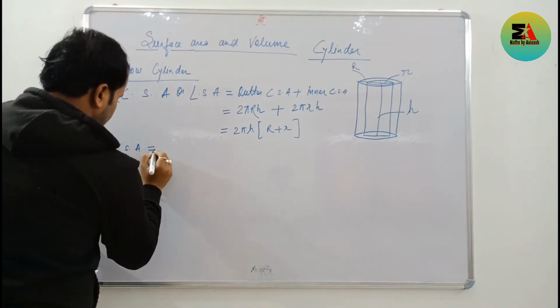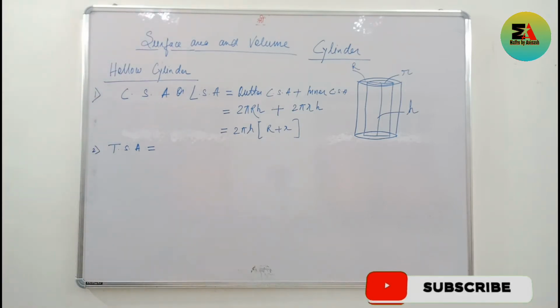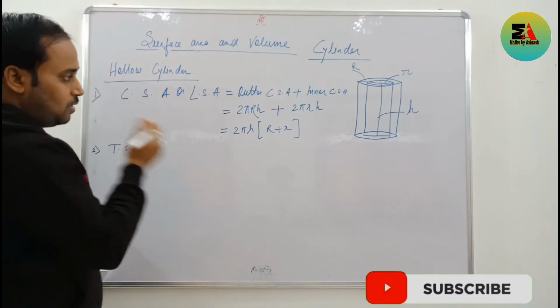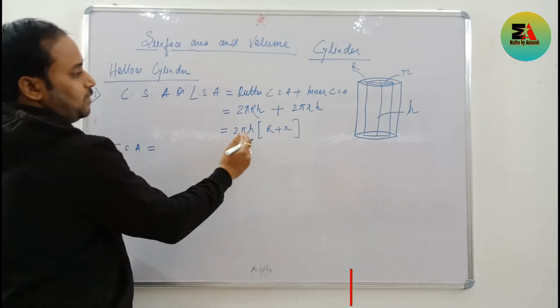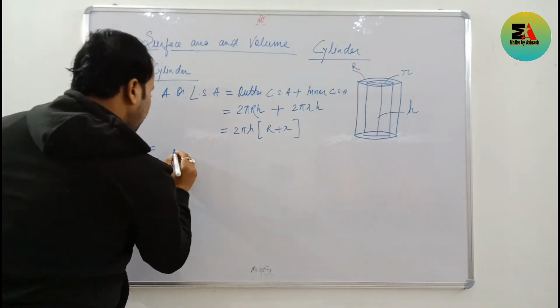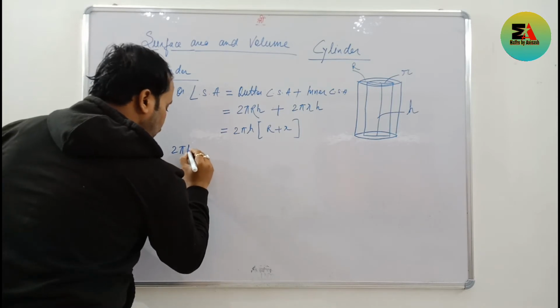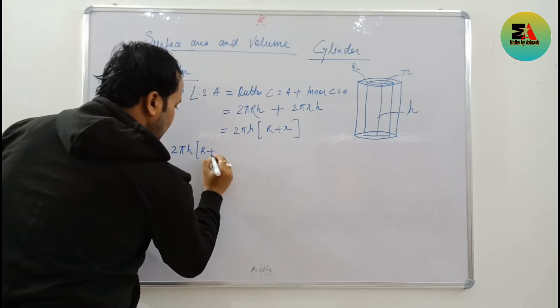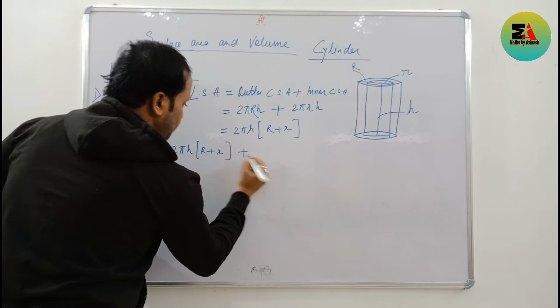Next we calculate total surface area. In total surface area, what do we do? We know that it is curved surface area plus both base areas. The curved surface area is already calculated, 2 pi h times R plus r. Clear?